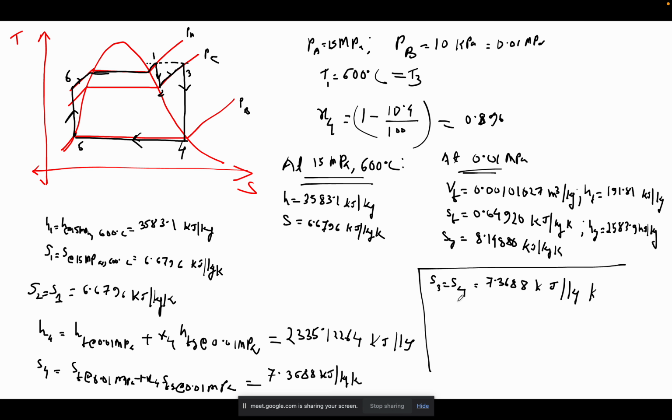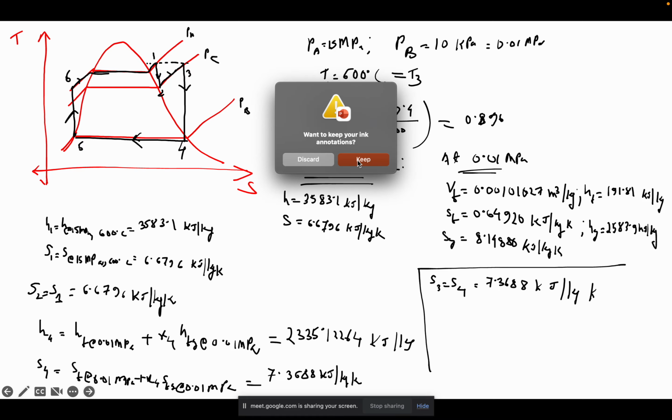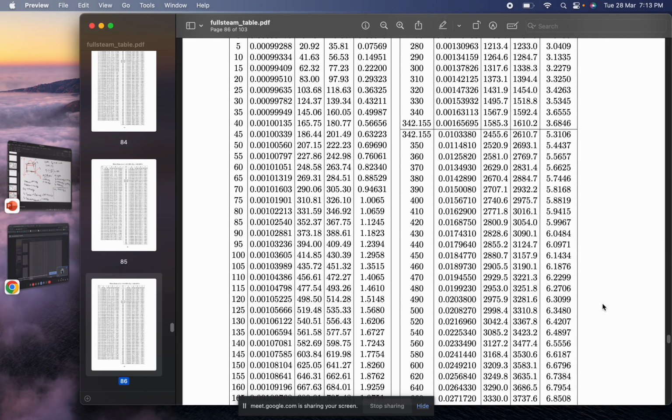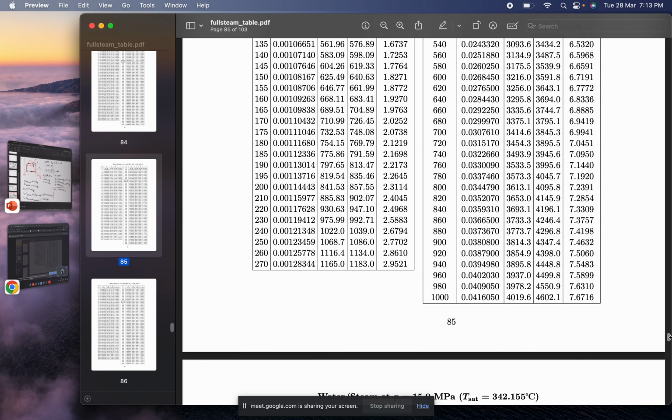We also know that this is superheated steam. In the superheated steam table we have to check 600 degrees Celsius, and at which pressure we will get this entropy.